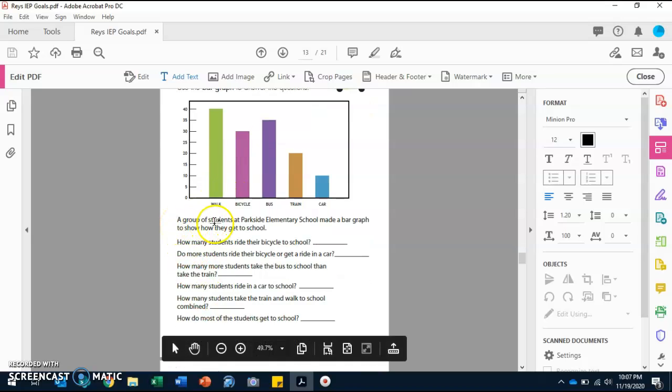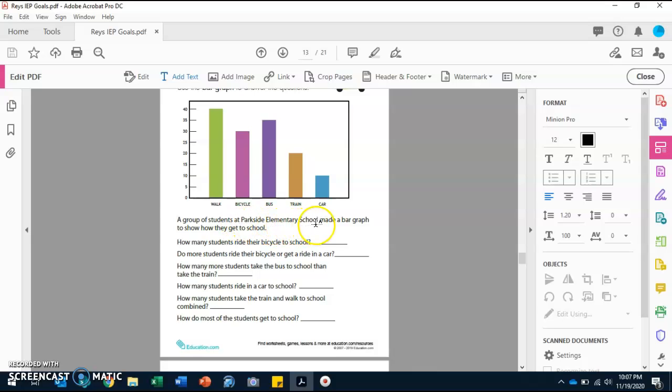It says a group of students at Parkside Elementary School made a bar graph to show how they get to school. Question number 1. How many students ride their bicycle to school? So we would find bicycle, which is right here, and then we would go all the way to the top and see where it ends. And then we will look to the side and see where the line connects.